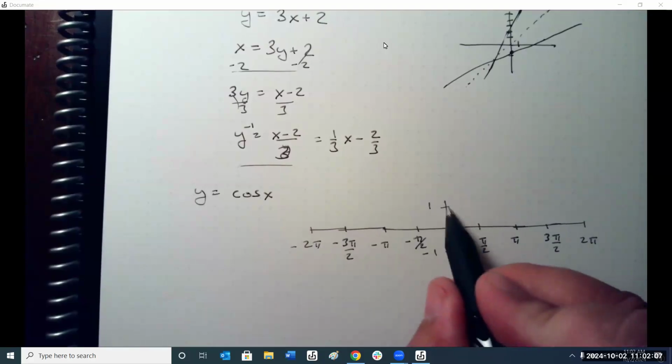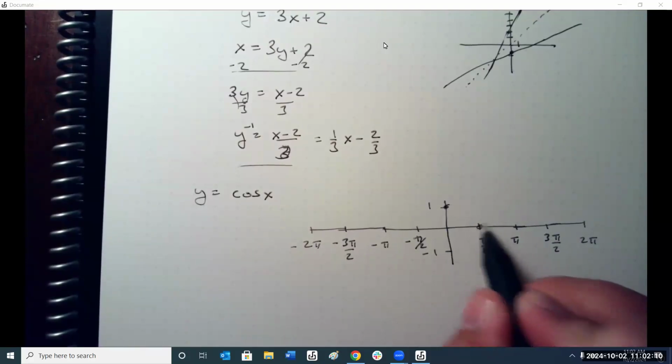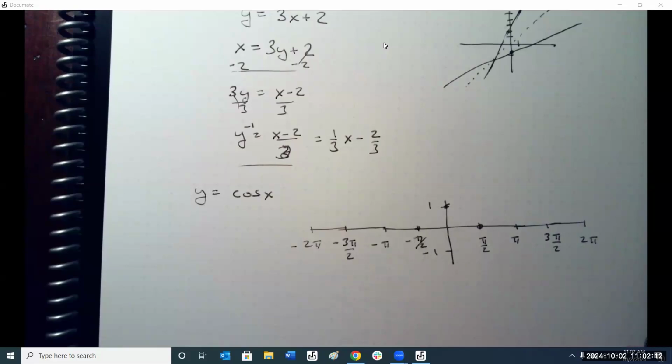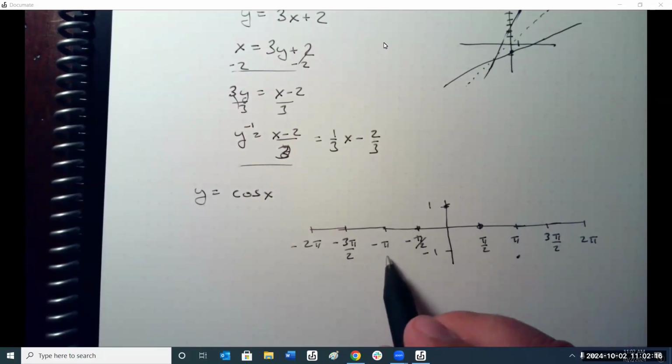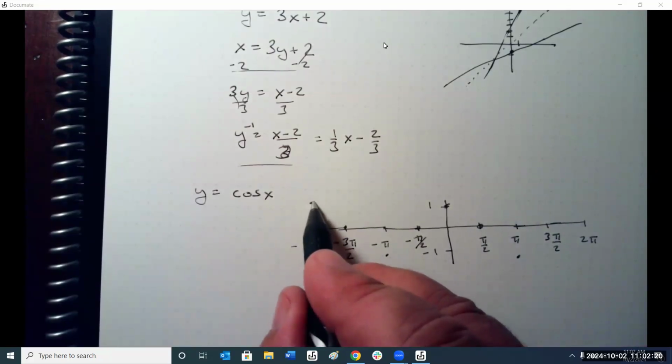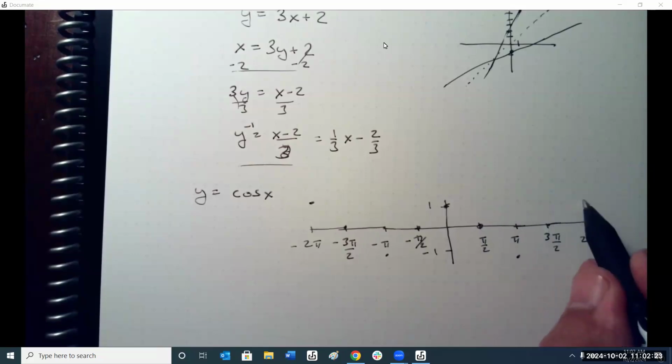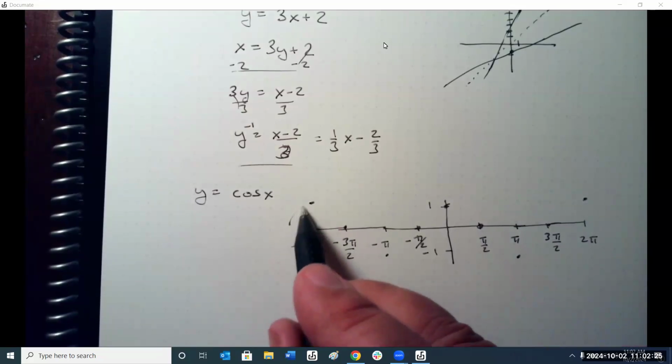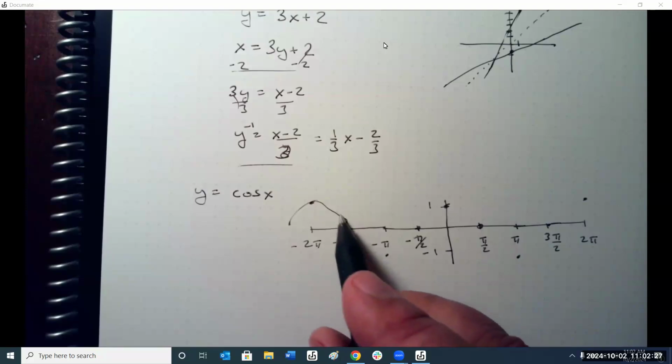So cosine at 0 is 1, at pi over 2 and negative pi over 2 is 0. At pi, it's negative 1. At negative pi, it's negative 1. And we keep on going with the same graph. So we see it's cyclical.